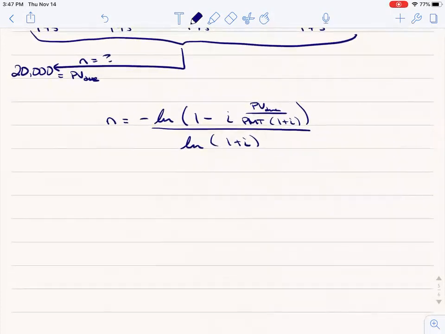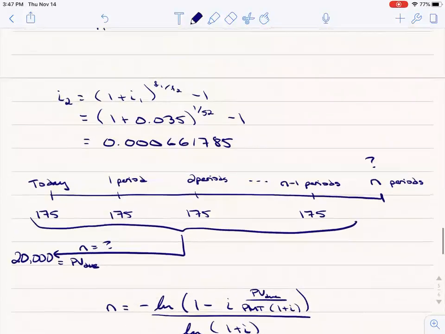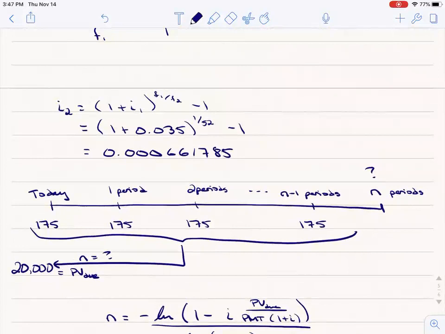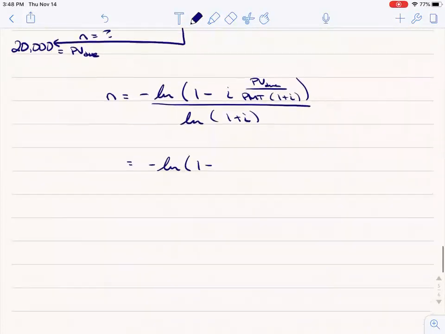Okay, so we know all these values. So we've got the negative log of 1 minus I2, which I'm going to store in 1. I'm always storing in 1. So I'm going to cheat and just write recall 1, I'm not going to write out I 3 times.